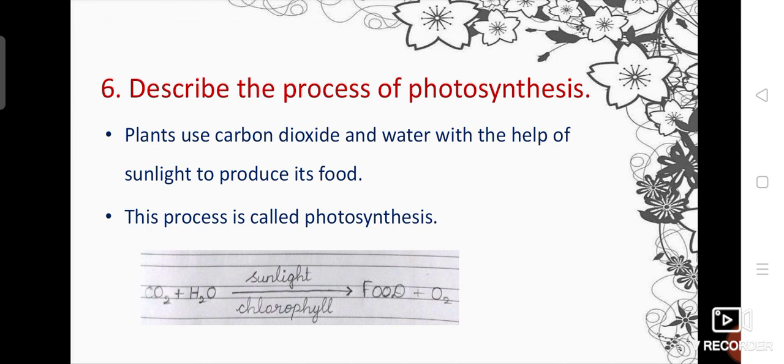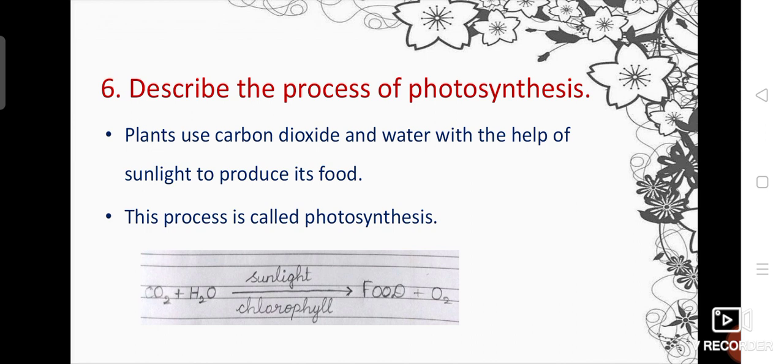So three things are needed: carbon dioxide, water and sunlight. If the three things are available, food preparation will take place. Through stomata they will get carbon dioxide. Sunlight is a natural source; leaves get the sunlight directly, because the chlorophyll pigment can easily absorb the sunlight.